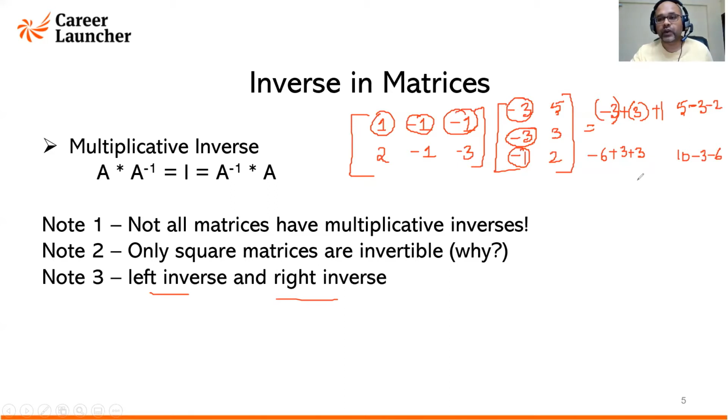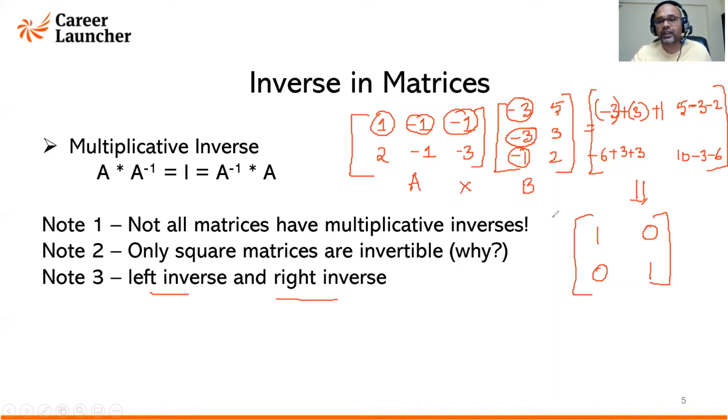So if you notice, what will this matrix become? This matrix will become 1, 0, 0 and 1. Interestingly, this is matrix A, this is matrix B. A into B gives you identity matrix.